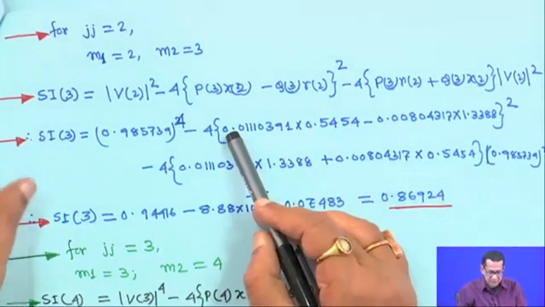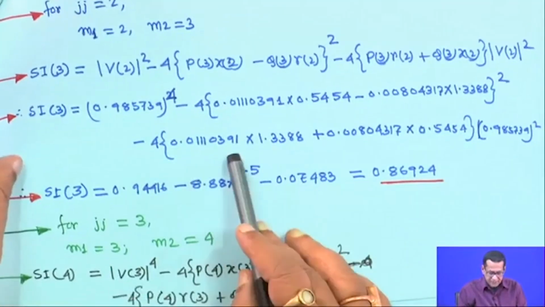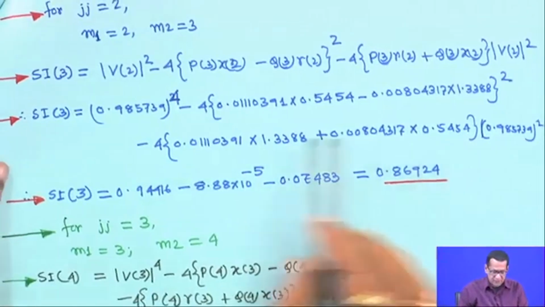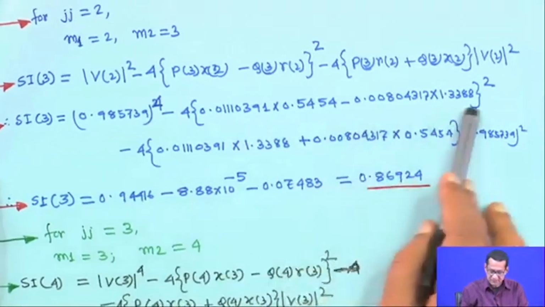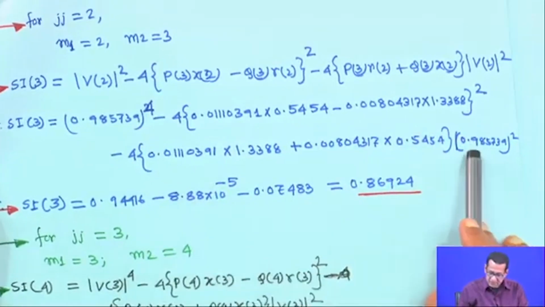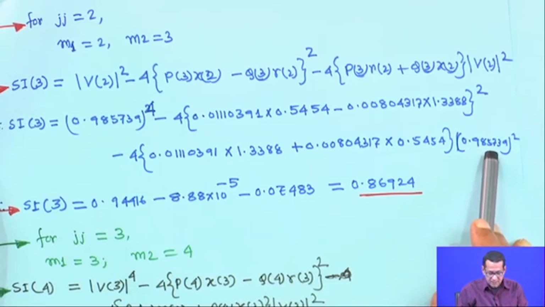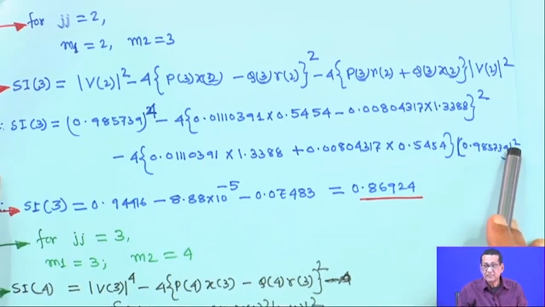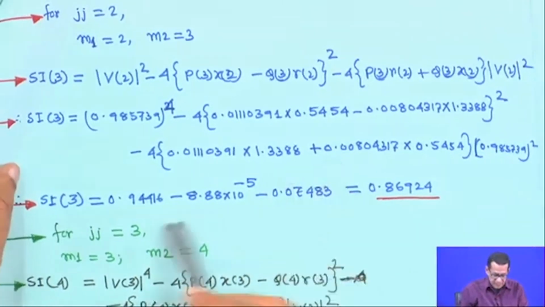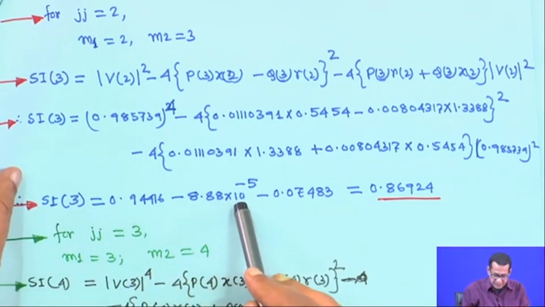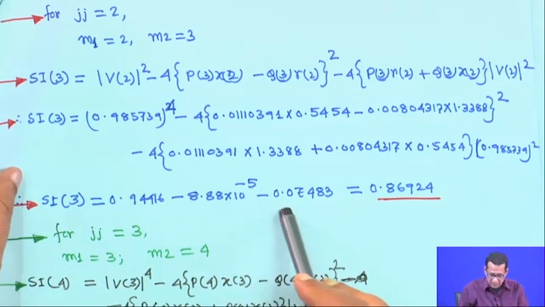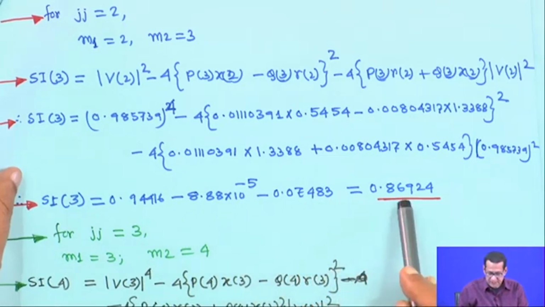So, put all these values and compute: V2 square, 0.985739 minus this one whole square minus this one into V2 square. So, 0.985739 square. You simplify, SI3 is equal to 0.94416 minus 8.88 into 10 to the power minus 5 minus 0.07483.